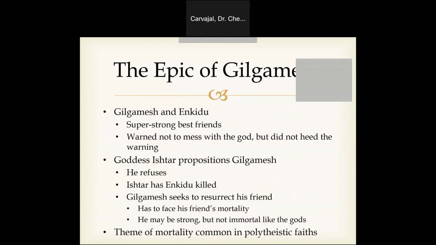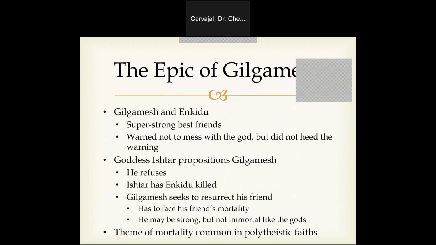And then the goddess Ishtar, you've probably heard the name Ishtar, she is the goddess of the heavens in the system. Well, she decides Gilgamesh is super good looking. And so she says, hey, why don't you marry me? And he says, nope. And in fact, he says, you've had all these other mortal men as husbands already. And what happened to all of them?